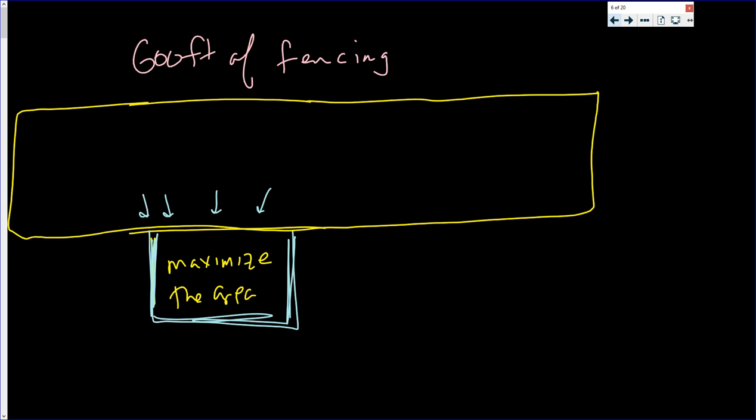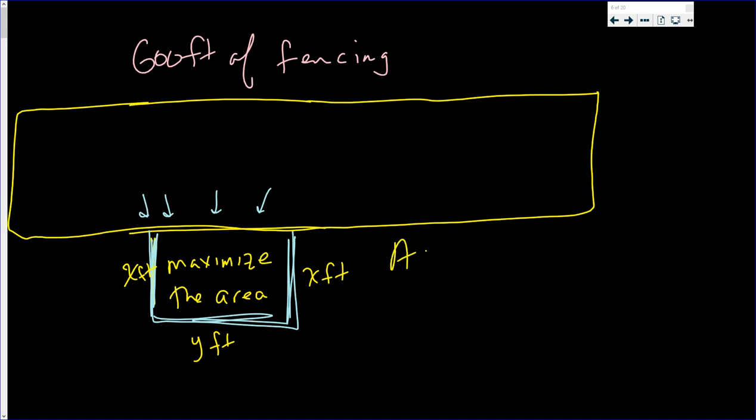So you want to maximize this area given that you have 600 feet of fencing. Well, suppose I put x feet here. Of course, I put x feet there, and I put y feet there.